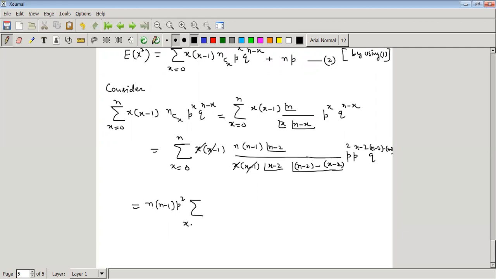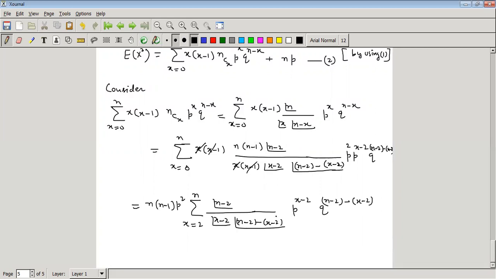Now summation x varies from 2 to n now, of n minus 2 factorial divided by x minus 2 factorial into n minus 2 minus x minus 2 factorial, p to the power x minus 2 q to the power n minus 2 minus x minus 2.